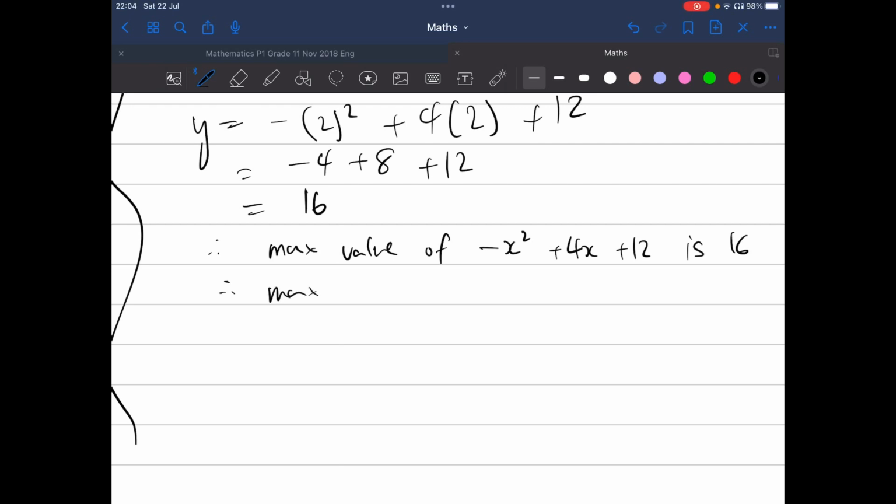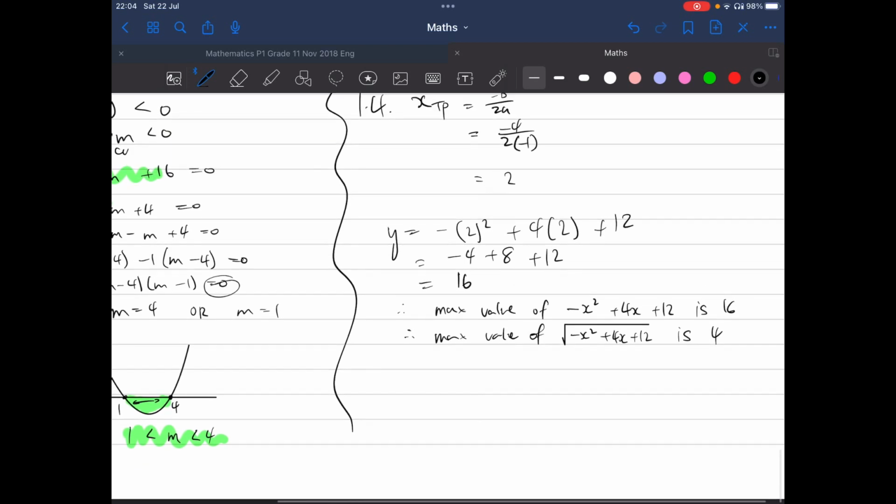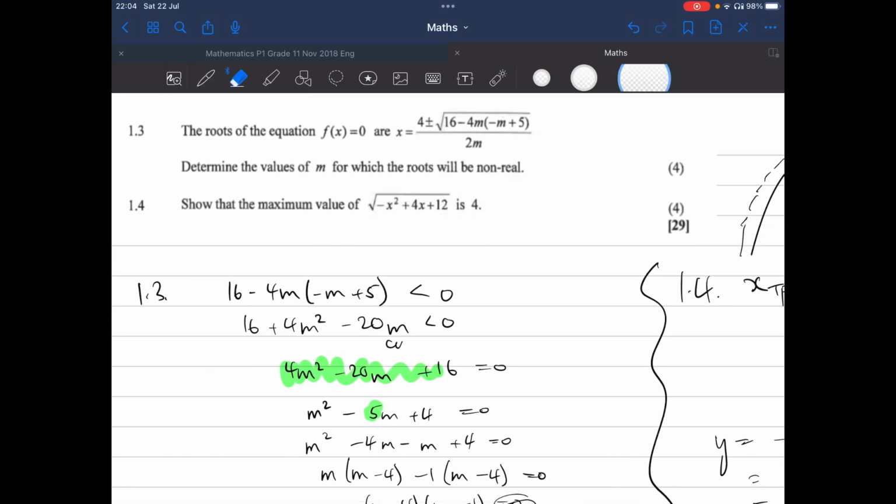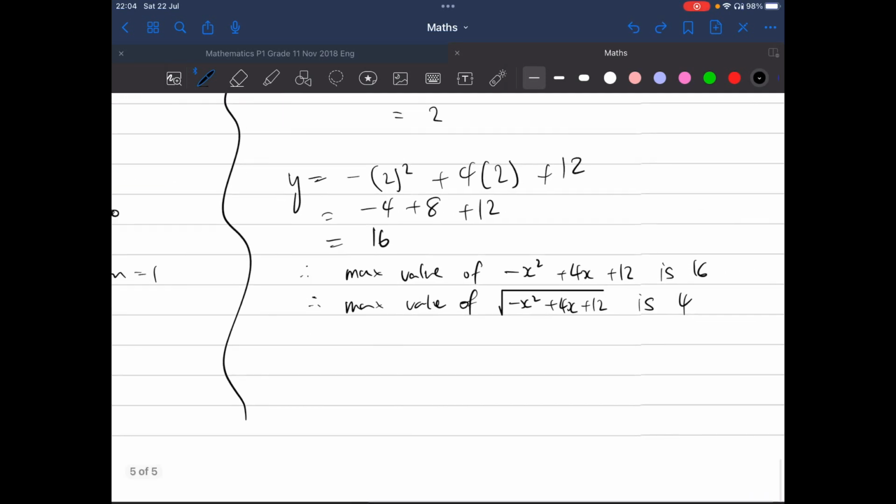Therefore the max value of the root of minus x squared plus 4x plus 12 is the square root of 16, so 4. Okay, and that proves what we were asked to show, right? We were asked to show that the maximum value of that is 4, and we've done that, so that's the correct answer then.